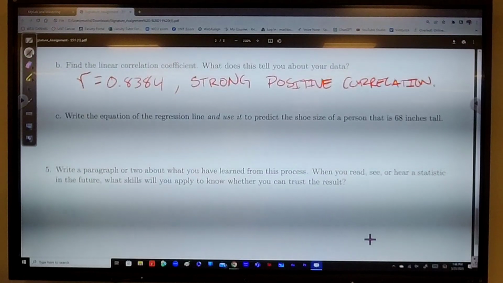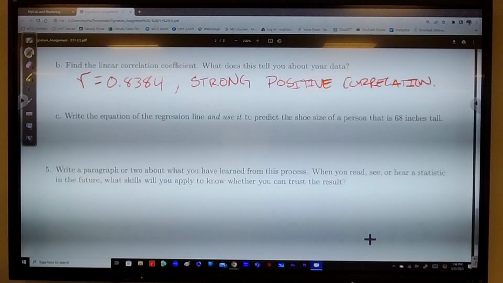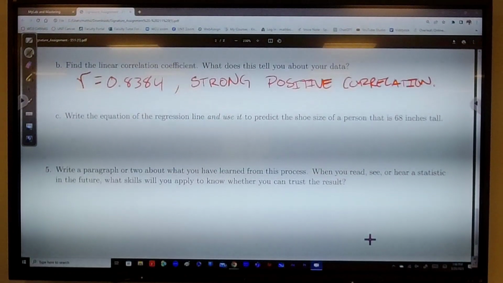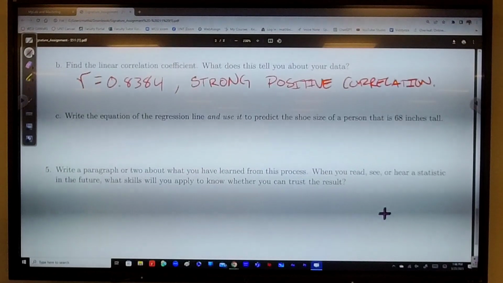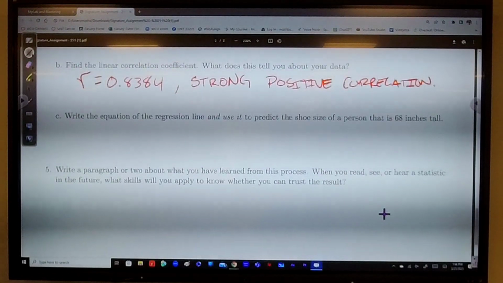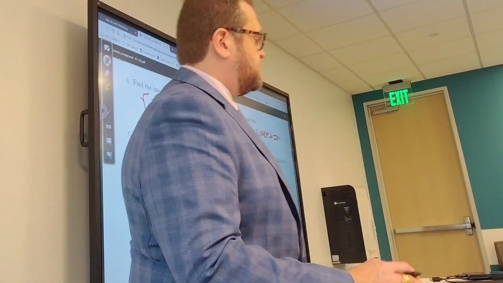If it was like 0.5 or something, it'd be a weak positive correlation. If it was 0.3, it'd be very weak. If this was 0.9, it'd be very strong. So there's some kind of correlation.